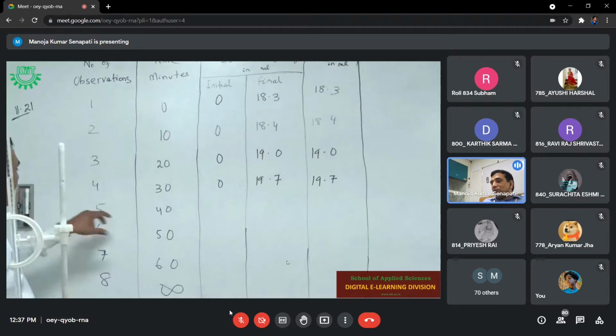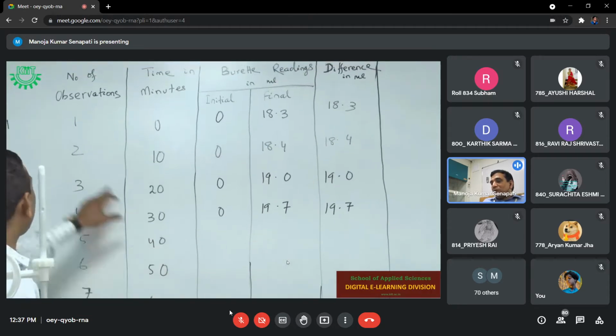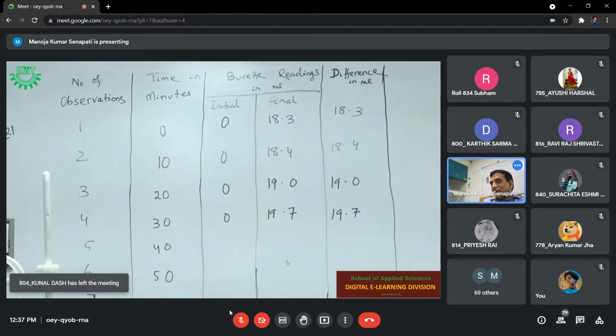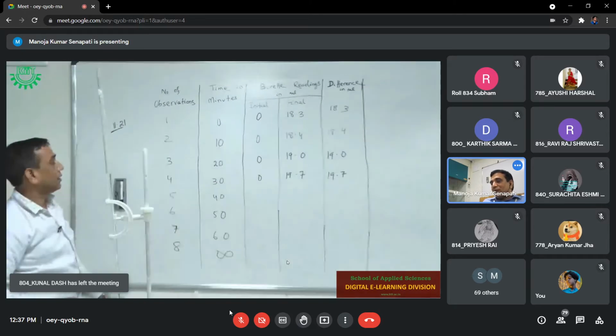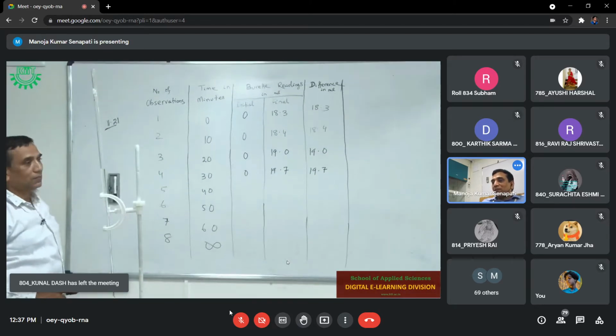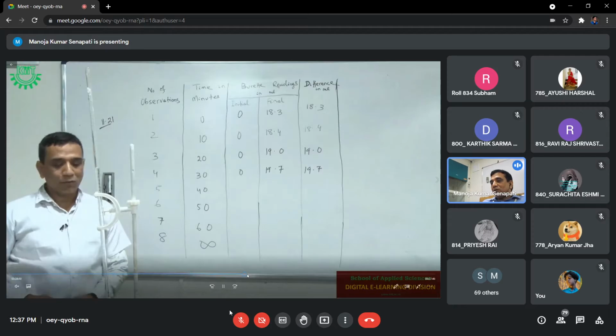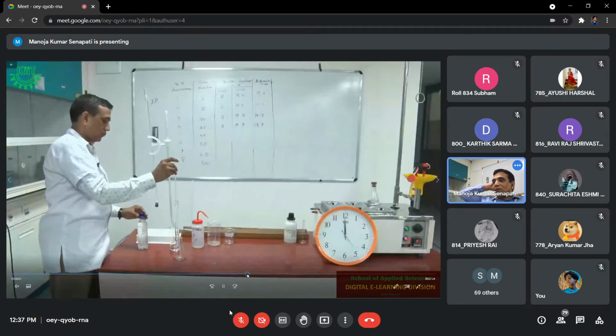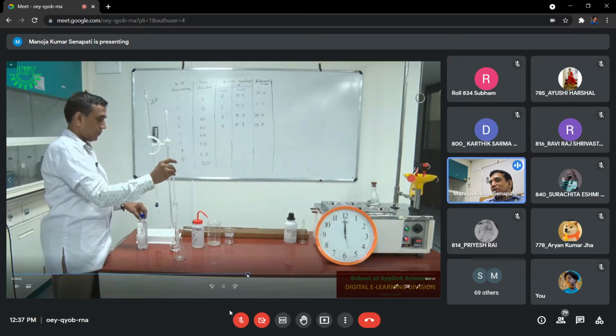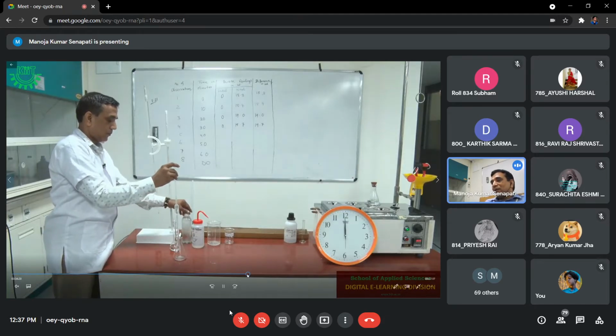Then we have to take the observation at 40 minutes. So 40 minutes means at 12:01, 11:21 plus 40. The same process we will follow. It is going to be 12, so we will keep ice chilled water ready.